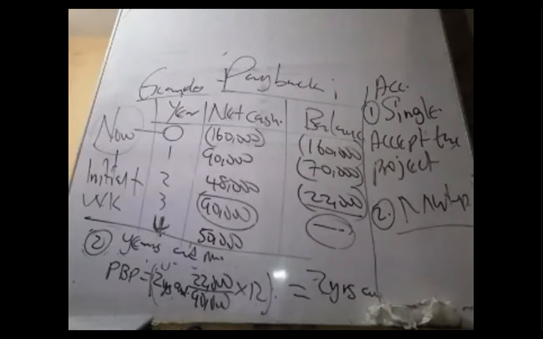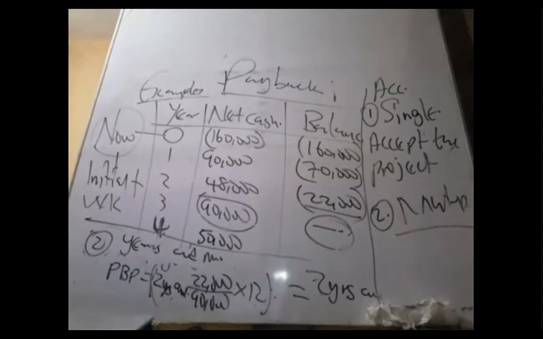Number two, it uses cash flow but not profits, which are not subject to manipulations. Yes, it's very difficult to manipulate cash because if you have 1,000 Ghana cedis with you, anywhere you go within Ghana, it's 1,000 cedis.